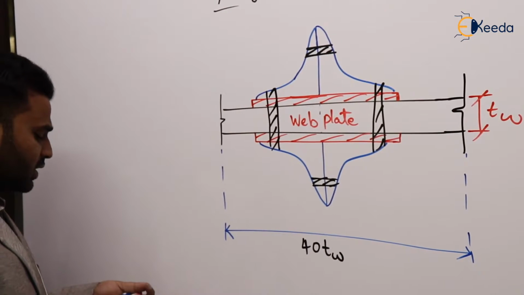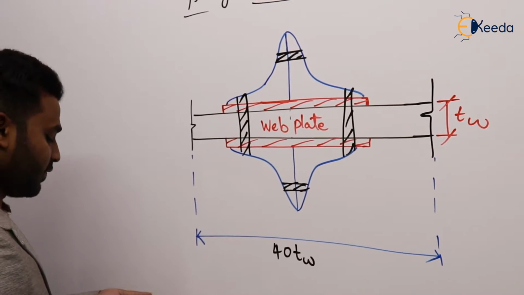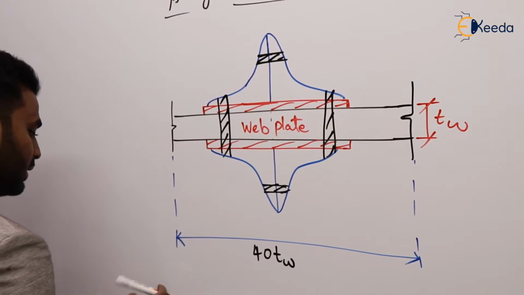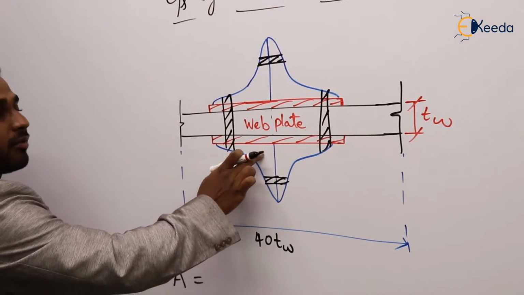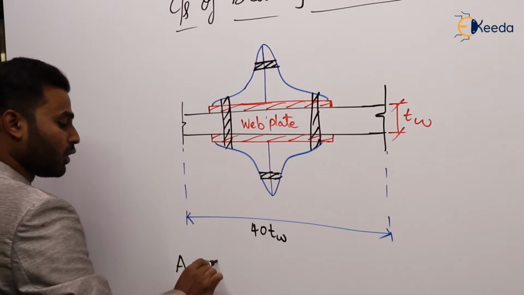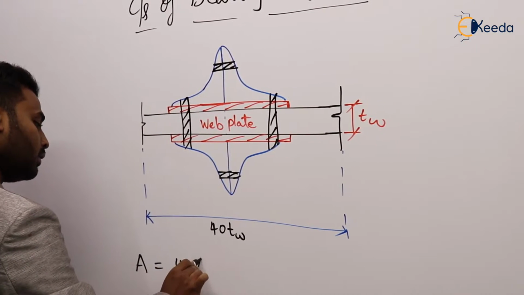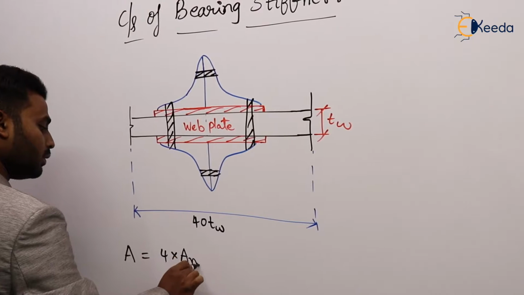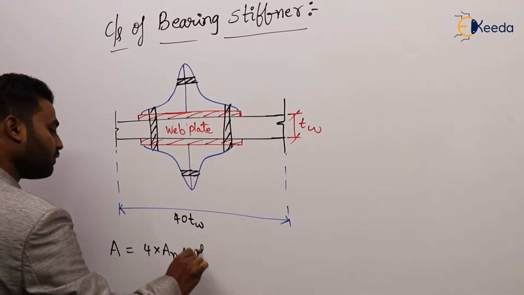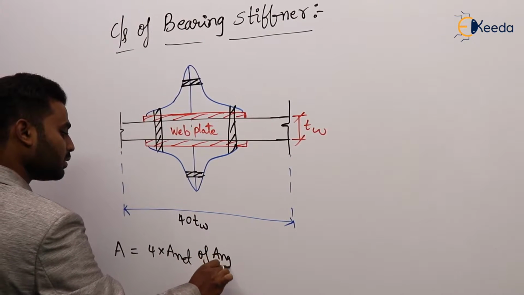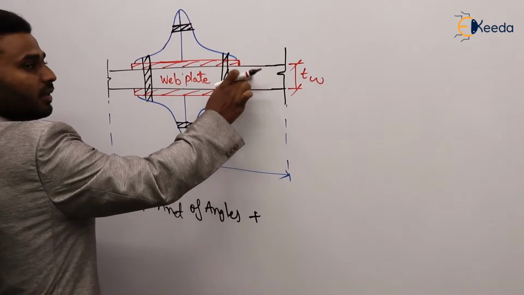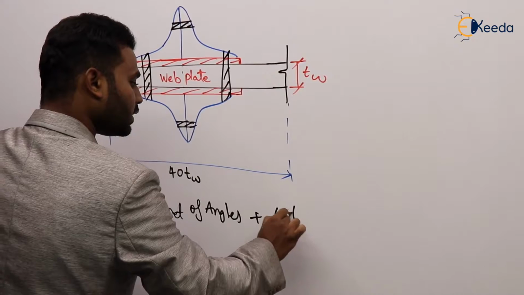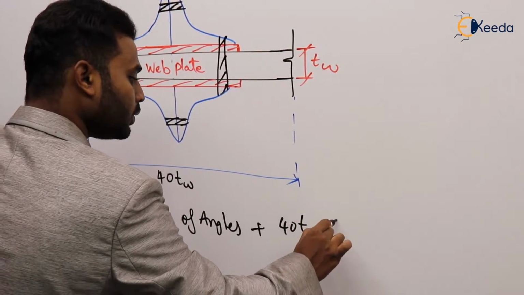Now what is the cross sectional area of the bearing stiffener? What is the cross sectional area, A? Here we have provided 4 angles, so 4 into A net of angles, plus the area of the web to be considered, that is 40 TW into TW.